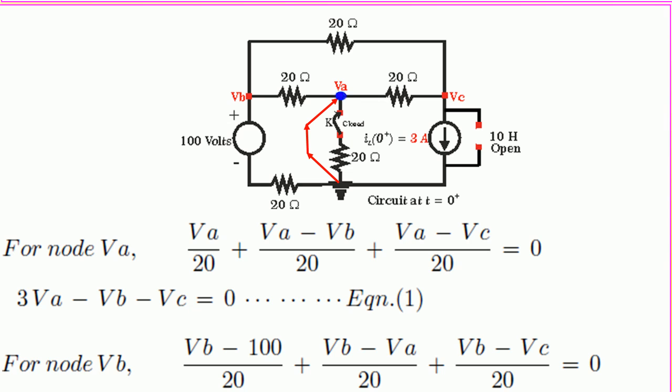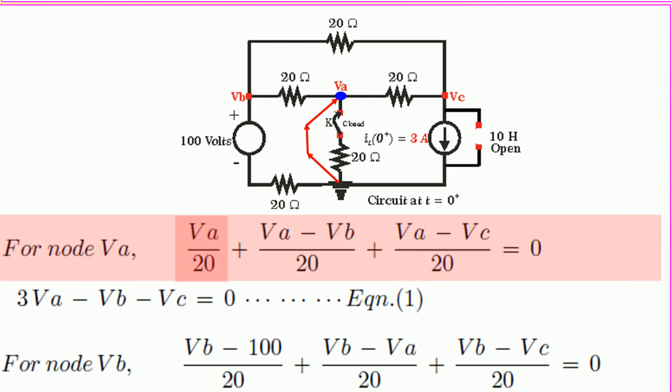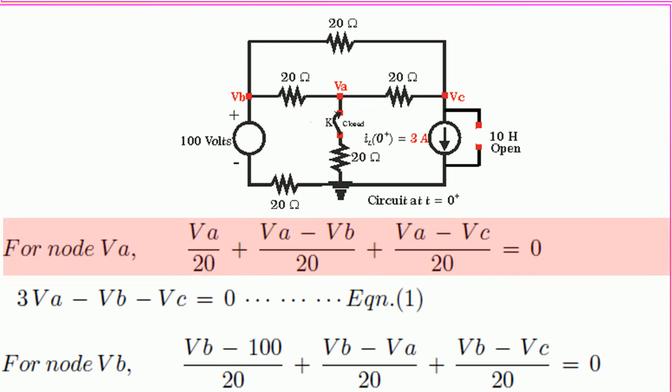For node VA, we get VA divided by 20 plus VA minus VB divided by 20 plus VA minus VC divided by 20 is equal to 0. By simplifying it, we get 3VA minus VB minus VC is equal to 0. Let it be equation 1.